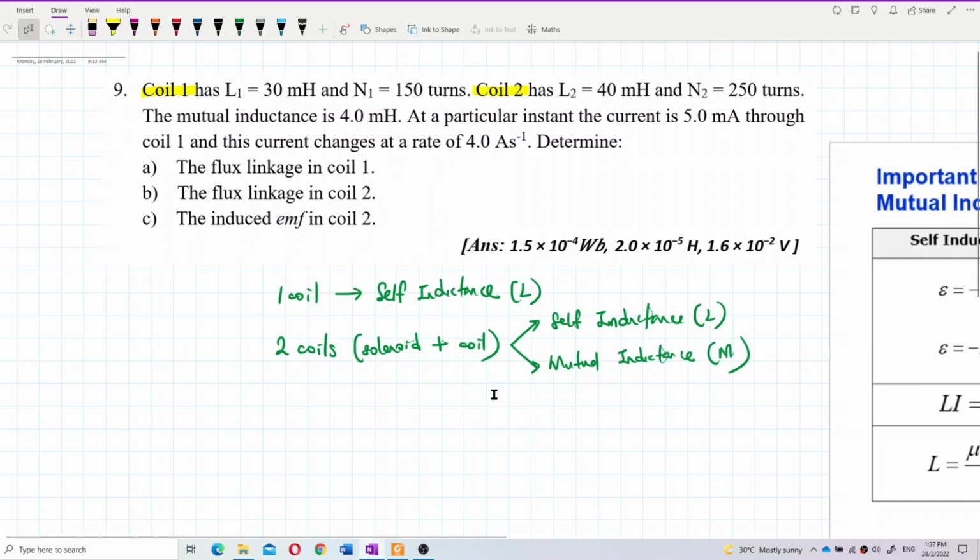So if only 1 coil, the question can ask only self-inductance. If you have 2 coils, it can ask either self-inductance or mutual inductance. That's the tip.